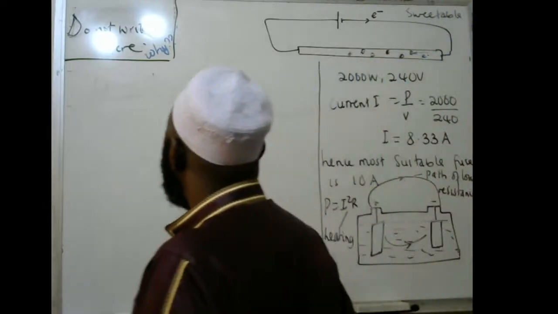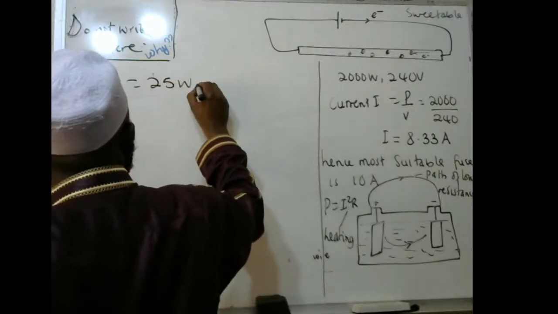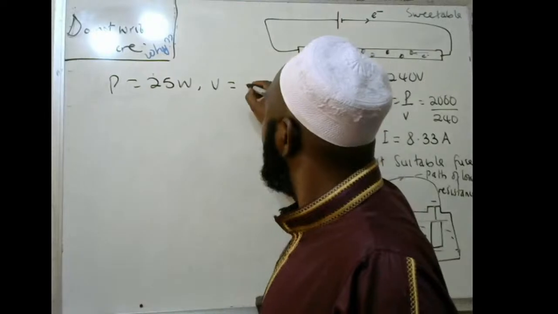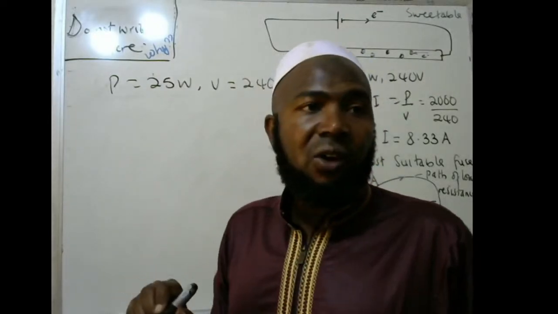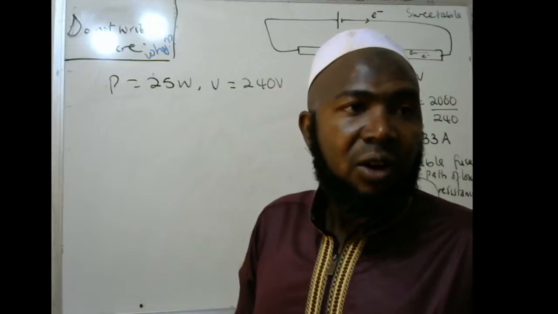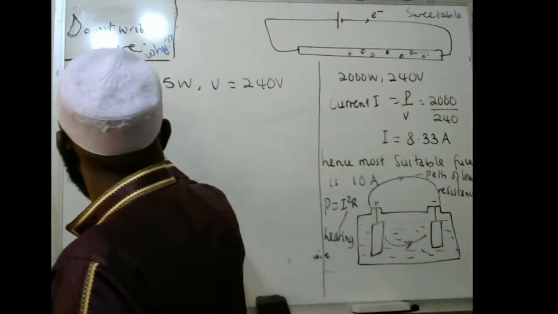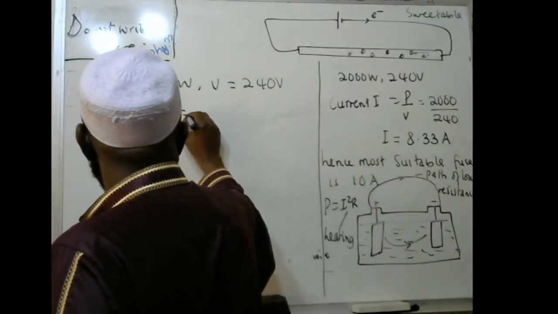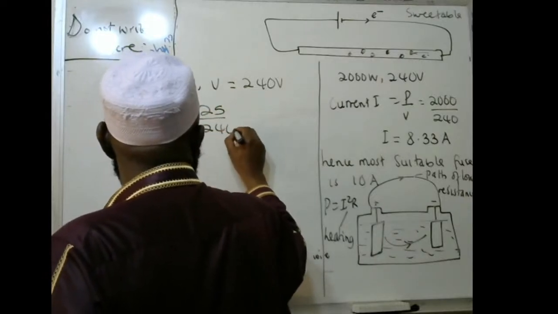Remember, the power was given to be 25 watts, and the voltage was given as 240 volts. So, now the question is to find the most suitable fuse. Let's find the current. Current I is power over voltage, that is 25 divided by 240.